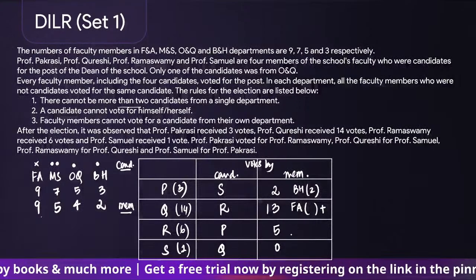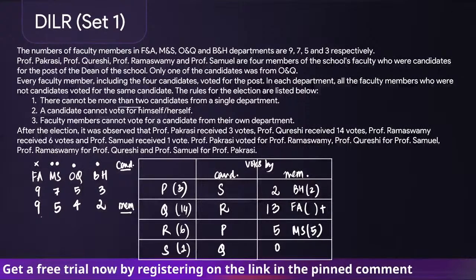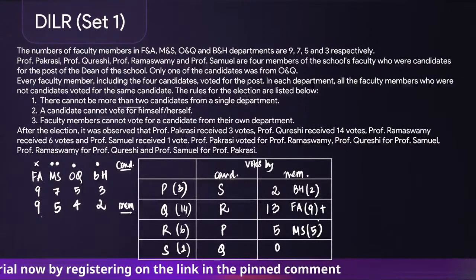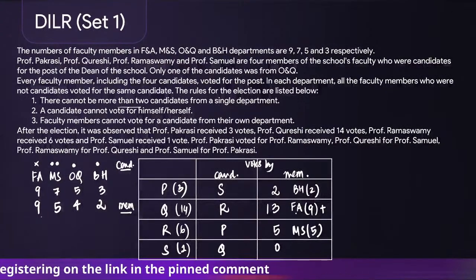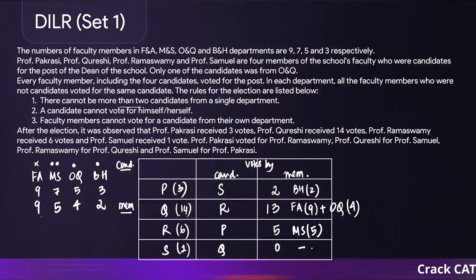We can make 5 from MS. We can make 13 by adding 9 from FA and 4 from AQ. Right? So there was no member from any of the 4 departments who voted for S.